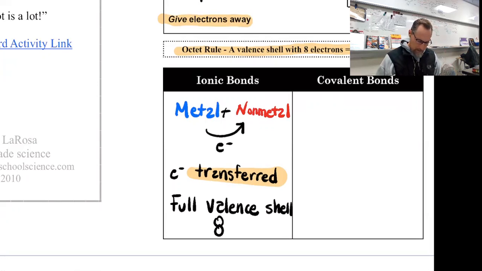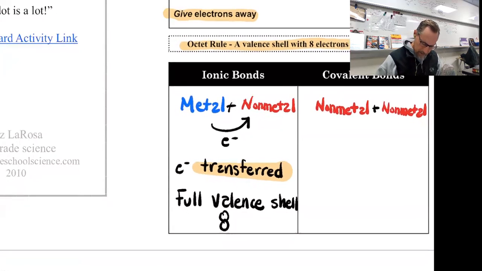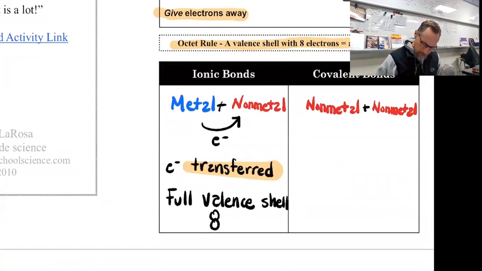And then a covalent bond is another way of doing that. So that would be a non-metal bonded to another non-metal. And the way that they do it is they actually will share electrons. I'm going to put my little electron there.